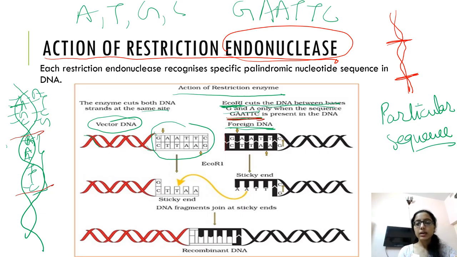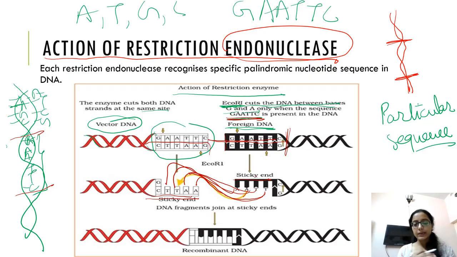Now this is cut by EcoR1 at GAATTC. This part is cut, and here this part is cut. Now these are called sticky ends. Sticky end means it will bind to its pair: this T will bind with this A, this A will bind with this T, and so on. These have complementary nucleotides in the vector, and this is called a sticky end, because both are going to bind with each other.